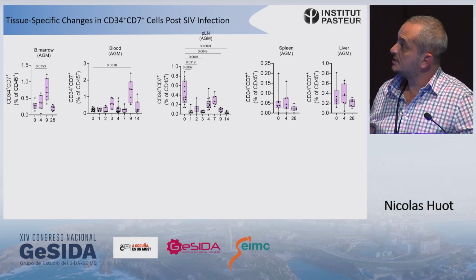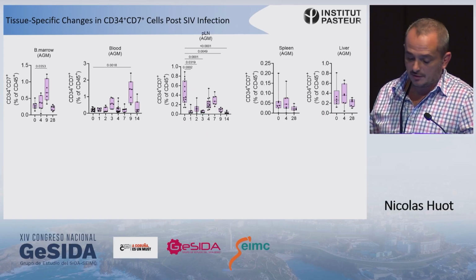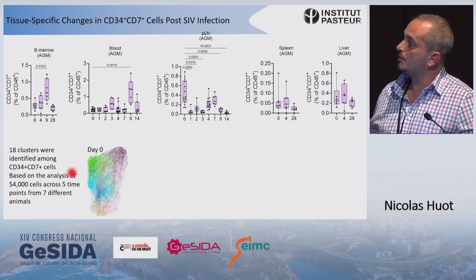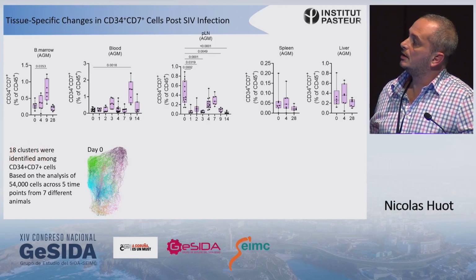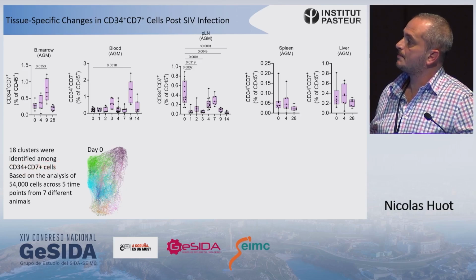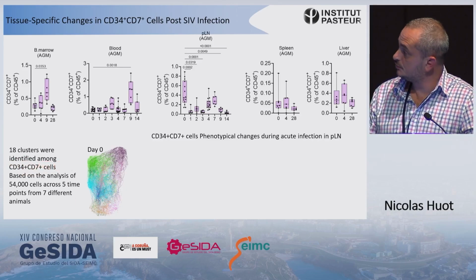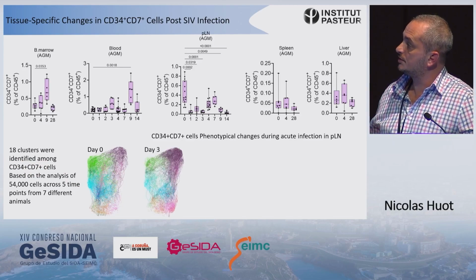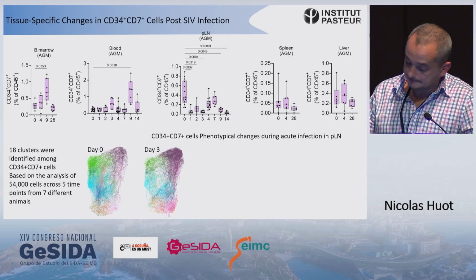So having characterized the dynamic of this population, we decided to look for their phenotype. We performed multidimensional analysis, and we are able to define 80 clusters of CD34 positive CD7 positive NK cell precursors. And we are able to show that, in fact, the dynamic and the phenotype of the cells change during the time course, and I will focus on the lymph node for this slide.